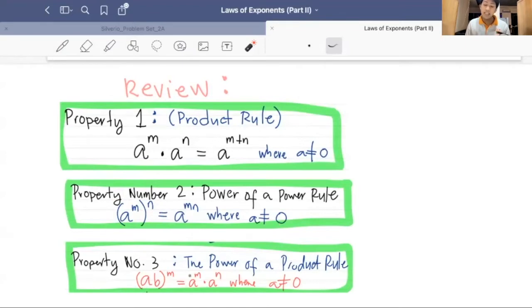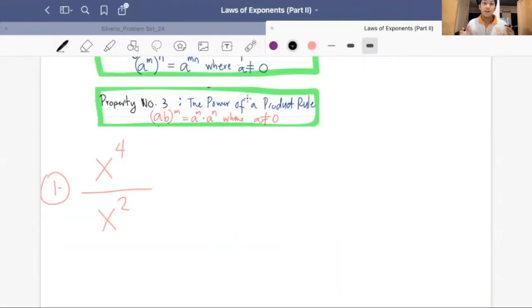This is like a distributive in nature because you have to distribute this power to the exponent of each variable or constant. So in this case, we have a to the m times a to the n, where a is not equal to 0.